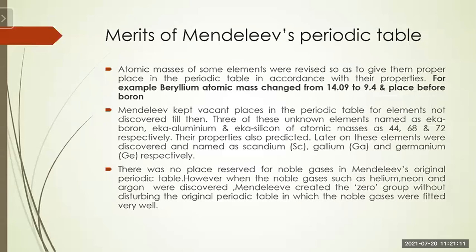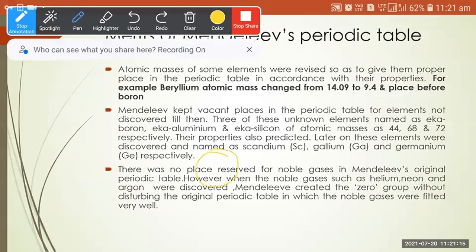There was no place reserved for the noble gases in Mendeleev's periodic table. However, when noble gases such as helium, neon, and argon were discovered, Mendeleev created the zero group without disturbing the original periodic table, in which the noble gases were fitted very well.